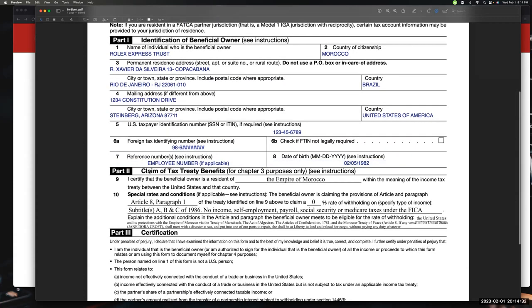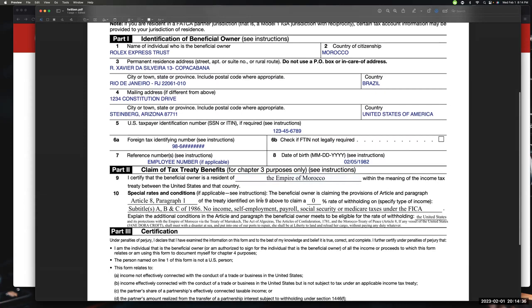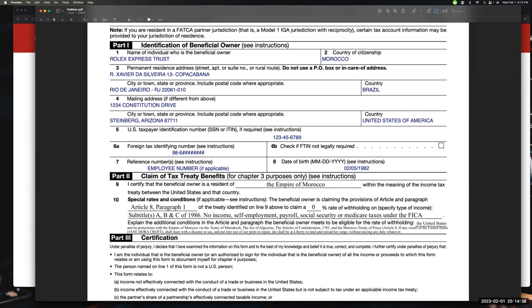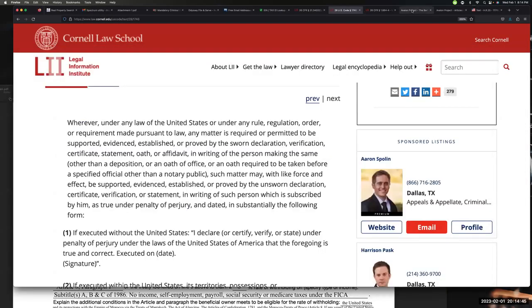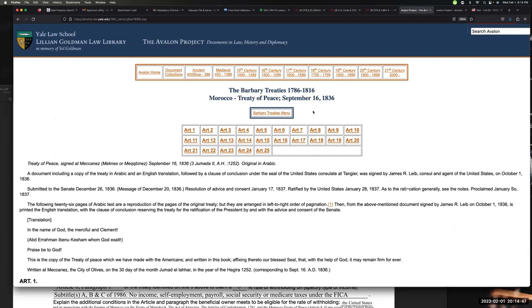Now, part 2, claim of the tax treaty benefits. Okay. Before we get into this, quick recap. Really quick recap. When we talked about the treaties in the previous video, we talked about the Barbary treaties.